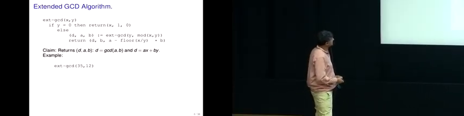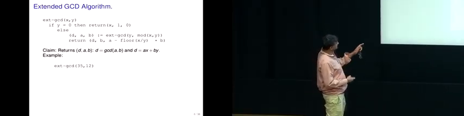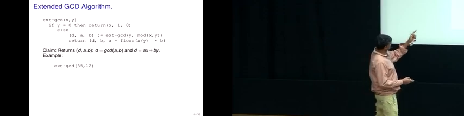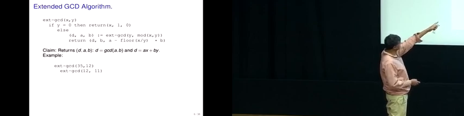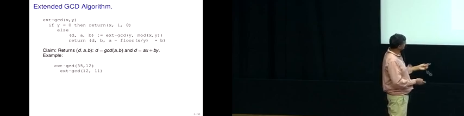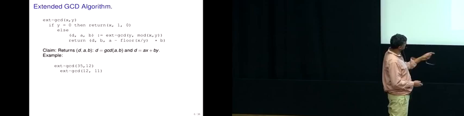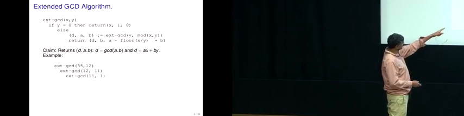So 35, 12. What's the first call we do? We take 35 mod 12 and put it in the second position, and we switch the y into the first position. Then the next time we take 12 mod 11 and put it in the second position, and take the second number and copy it over to the first.